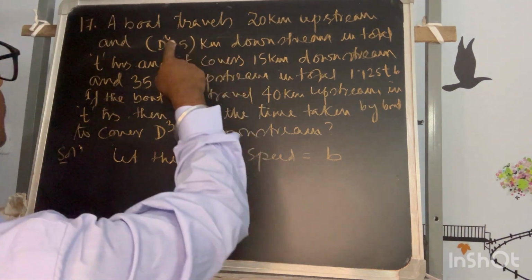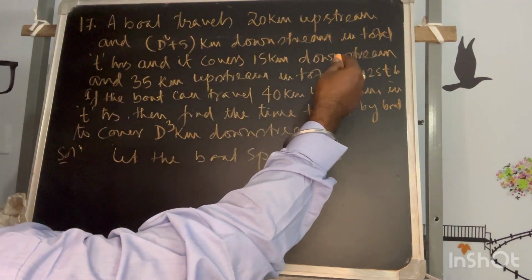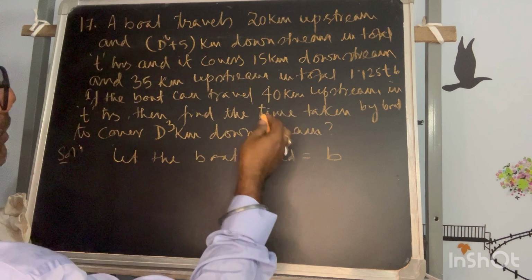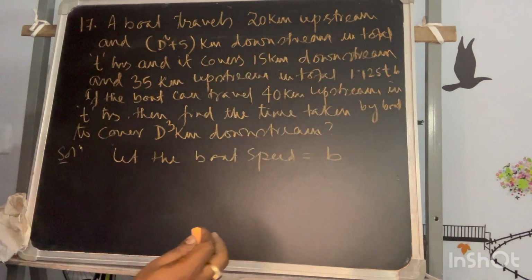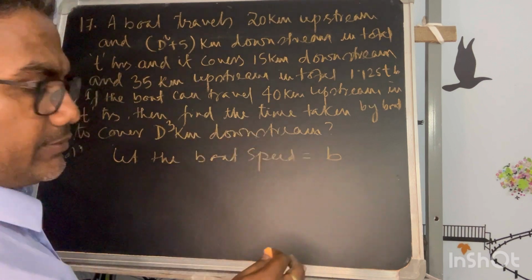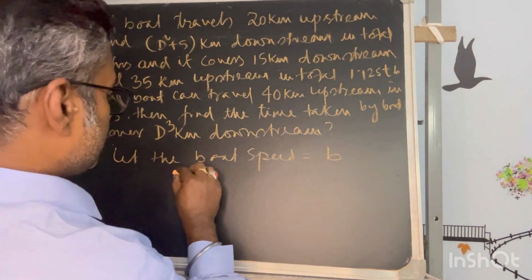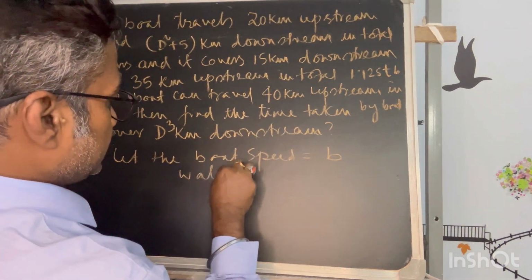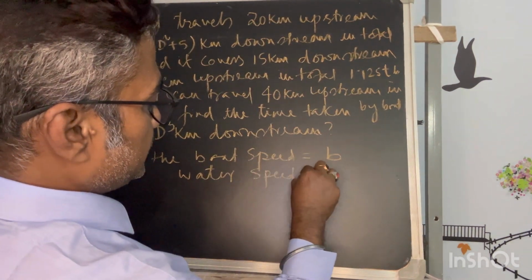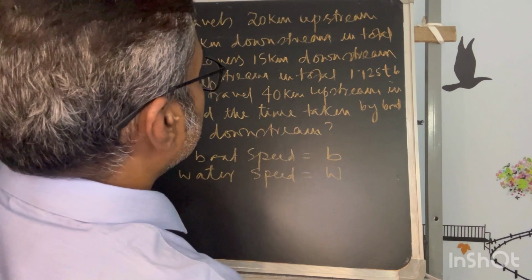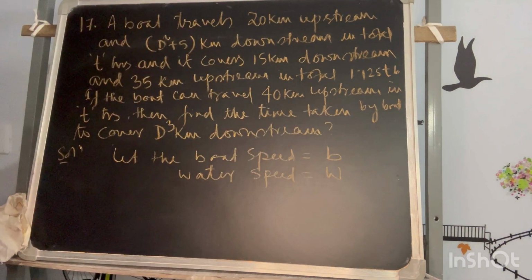The boat is on the water itself, and as we are seeing upstream and downstream, that means the water itself has some speed, which is the current. So we take the water speed to be w, on which the boat is floating.